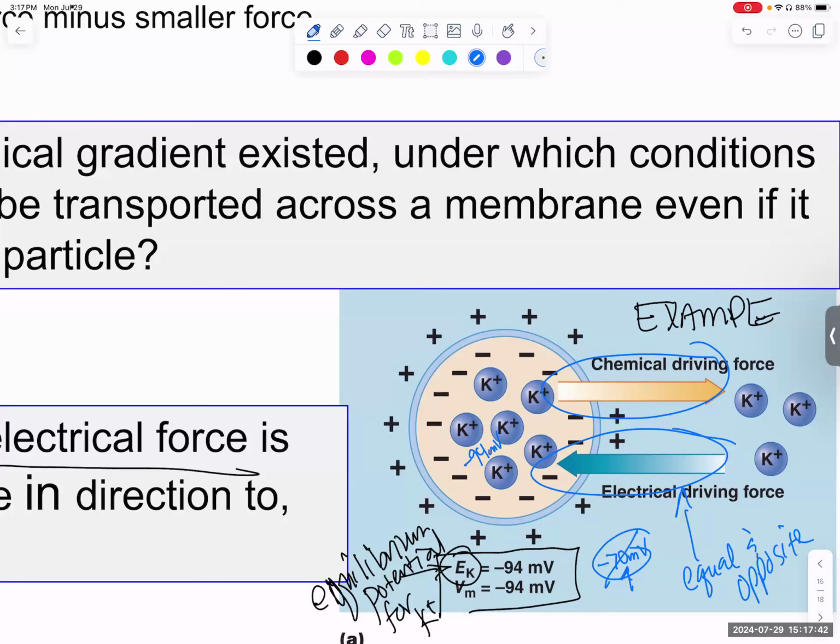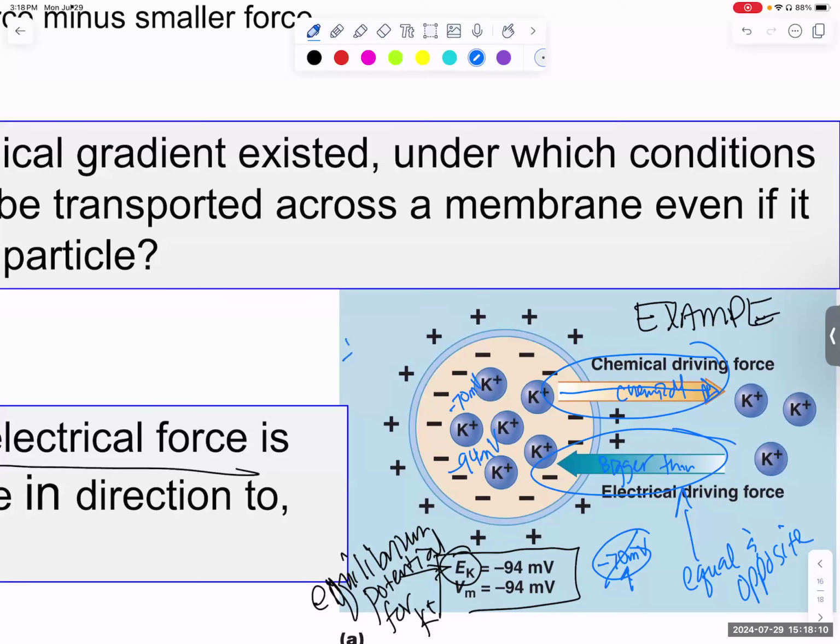So if this is a normal cell, and I erase this, and I say it's negative 70 millivolts, and potassium's allowed to move, which way is it going to go? Well, it's still going to leave because its chemical gradient is bigger than the electrical until it gets down to negative 94.